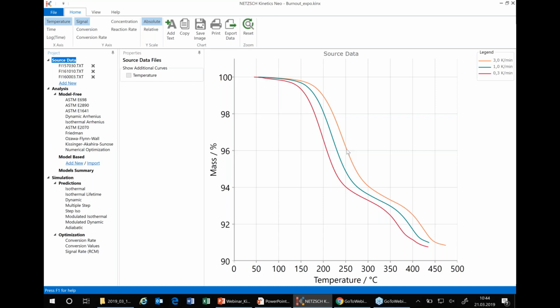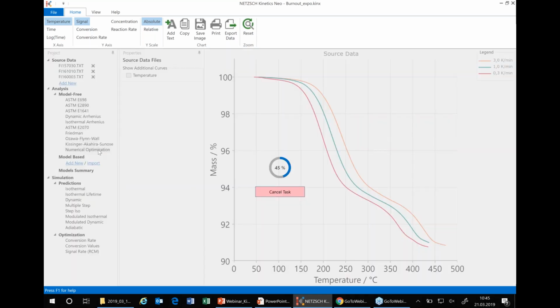But what is the same? The same is the chemistry of the process, the physics of the process. And now we can extract information from this experimental data about the chemistry of the process, which is independent of time and temperature. This information is like activation energy, pre-exponential factor, or maybe order of reaction.